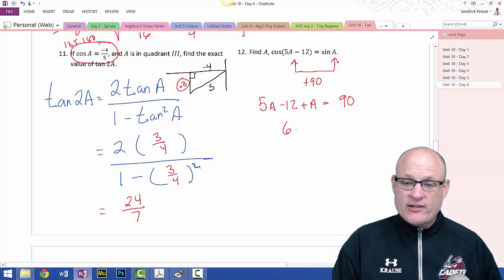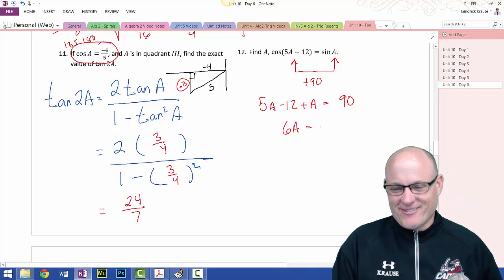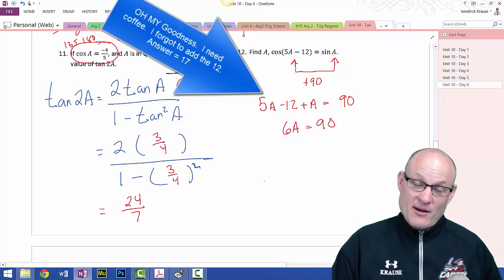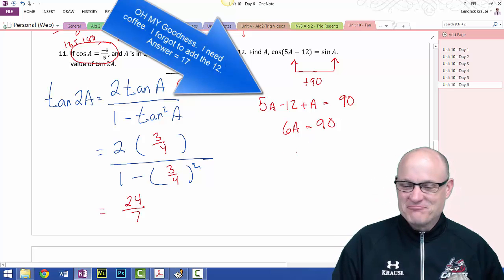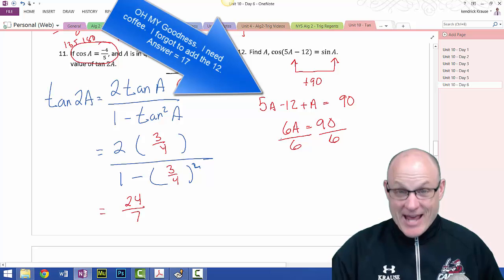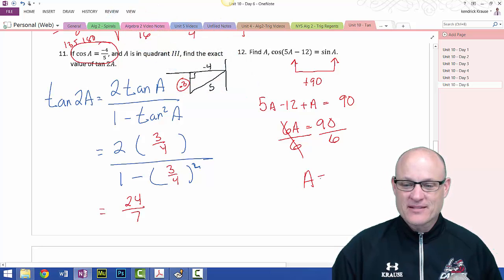I get 6a equals 90 degrees. It's so easy just to set things equal to each other and just do it the wrong way, but they add up to 90 degrees. Set them equal to 90 degrees, and I get a equals 15. If you just divide 90 by 6, you get 15.